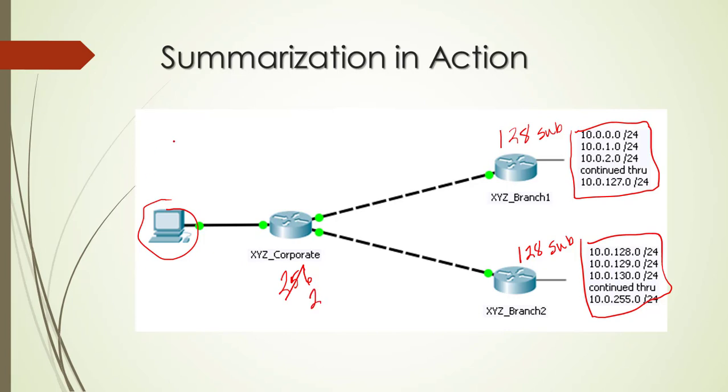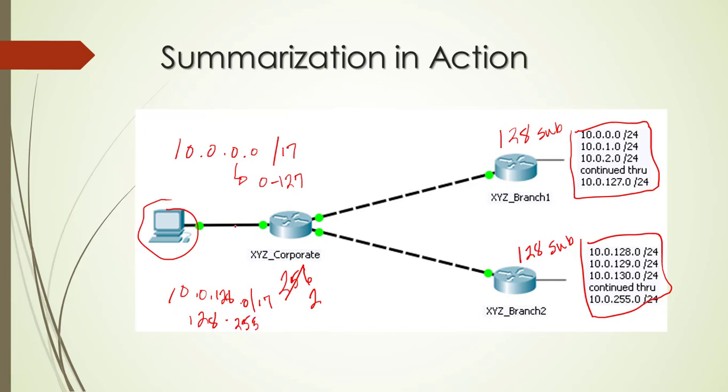So we could summarize the first range of addresses as 10.0.0.0/17, and that would cover us on this third octet from 0 through 127. And then we could put a second summarized statement in for 10.0.128.0/17, and that would cover us from 128 through 255.